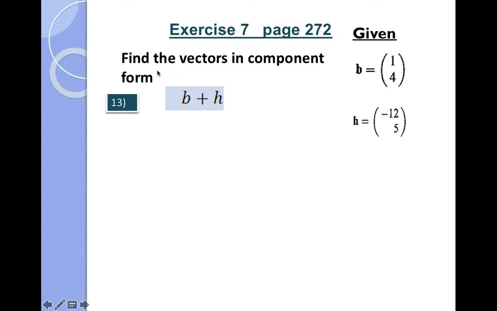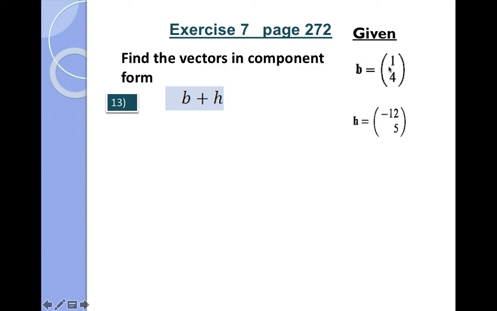The question says, find the vectors in component form. That is, you have to write the components as column vectors with the x component and y component. Given vector B, x component is 1 and y component is 4. And vector H, x component is negative 12 and y component is 5. The given question is B plus H.